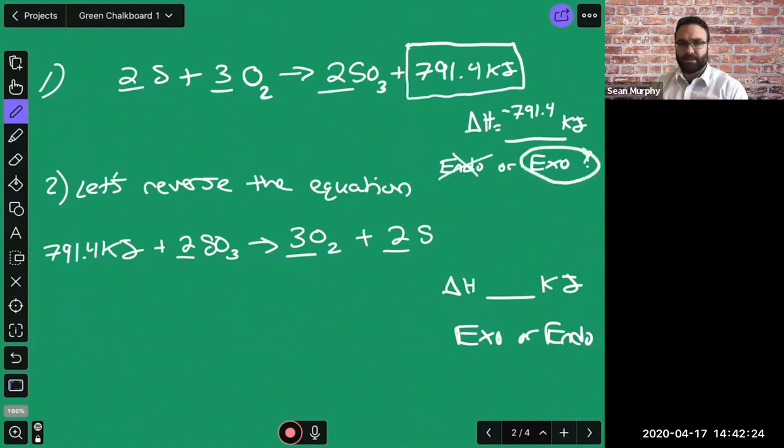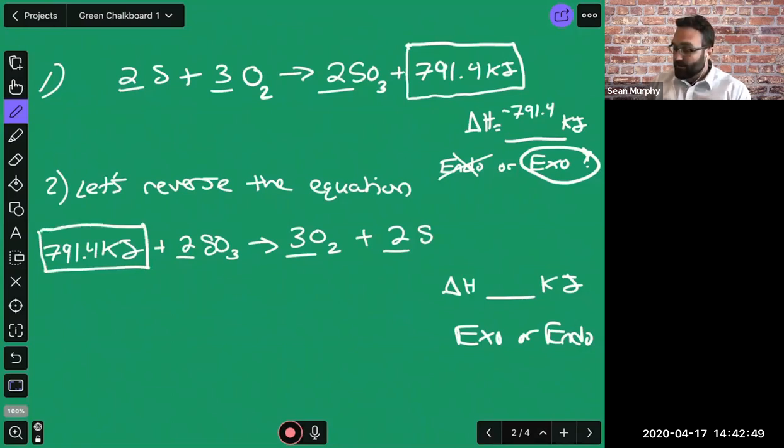All right, what happens if we reverse the formula? The same exact thing, but we reverse the products and put them on the reactants, and reactants become products. Well, remember that the positive or the negative symbol does not mean that it has a small amount of heat. It just means the direction of heat flow. So if the heat is now inside the formula on the left-hand side, that means it's being absorbed.